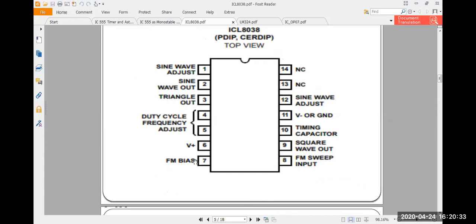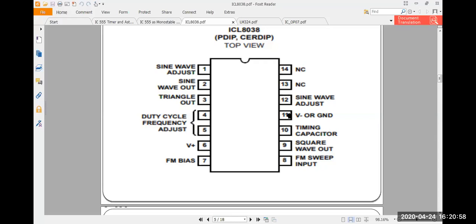Here we have already seen that it works on dual power supply. So there are two pins which are used for dual power supply. One is pin number 6 where you can apply plus VCC, and pin number 11 where you can apply minus VCC. Pin number 13 and 14 are no connections.